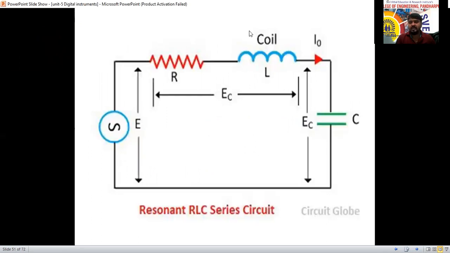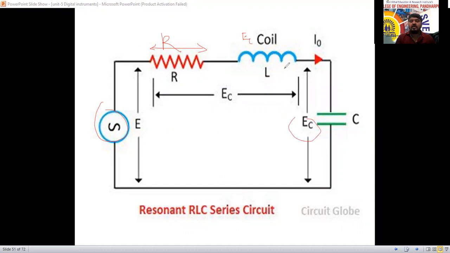See here, we have connected an AC supply, a series resistance, an inductance in series with the resistance, and a capacitance in series with the resistance and inductance. The voltage drop across the resistance is ER, across the inductance is EL, and across the capacitance is EC.